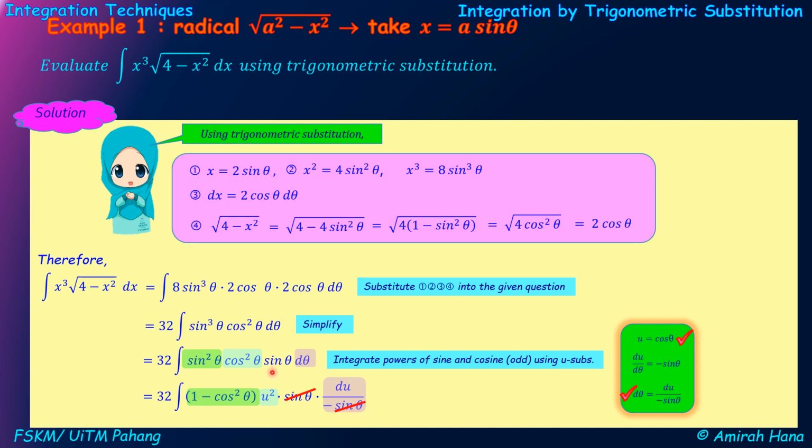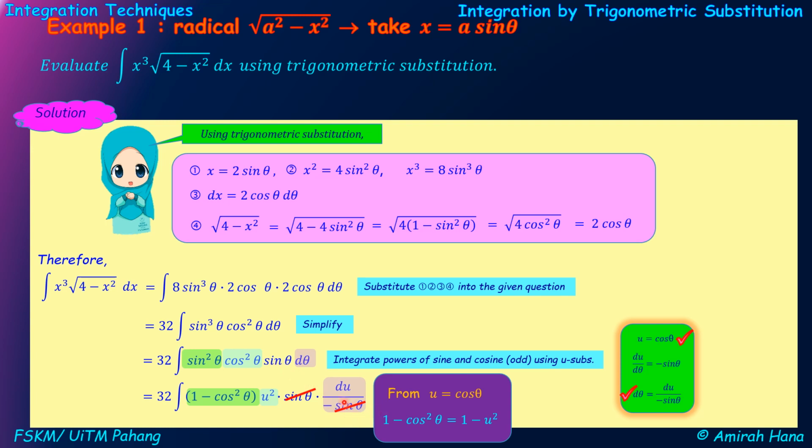That's why when we have sine to the power of 1 theta, we need to choose u equals cos theta, not sine theta. So that when we differentiate, we get a term containing sine theta, then we get d theta equals du over negative sine theta here, and we can simplify with sine theta here. Alright?